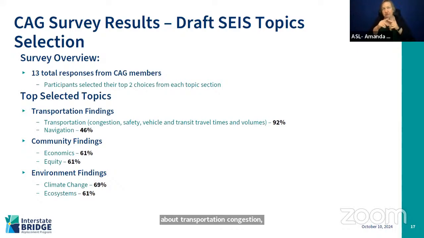Navigation was also popular, at 46%. We're not including that tonight, but we are going to follow up in an email. And the 2 briefings that Greg mentioned are recorded, including all the questions from the community. So we're going to include a timestamp.